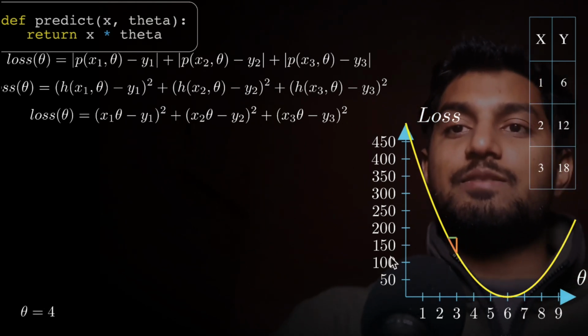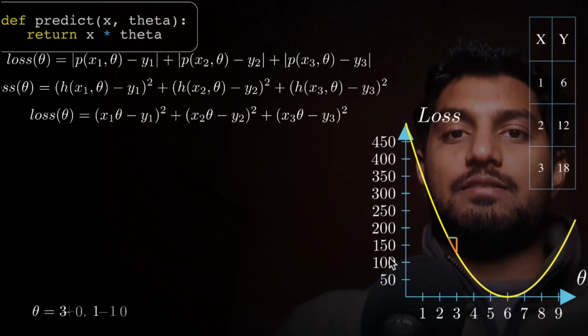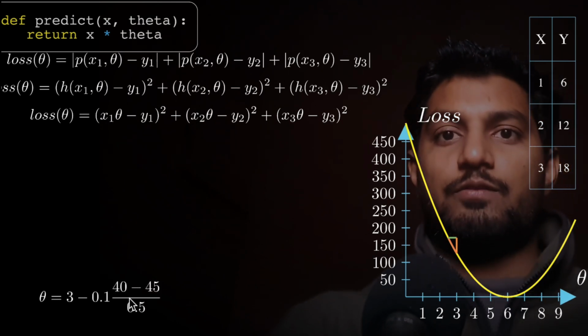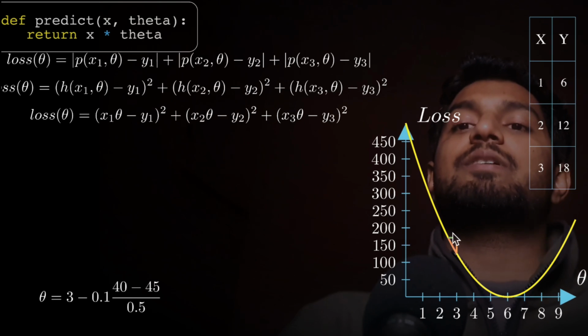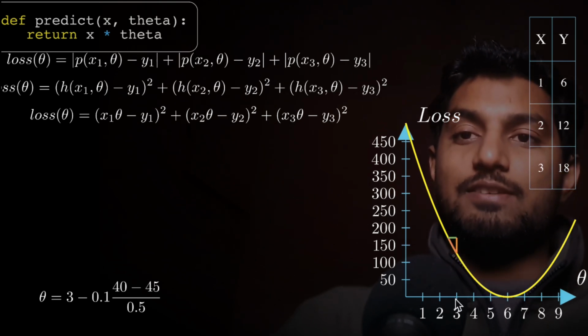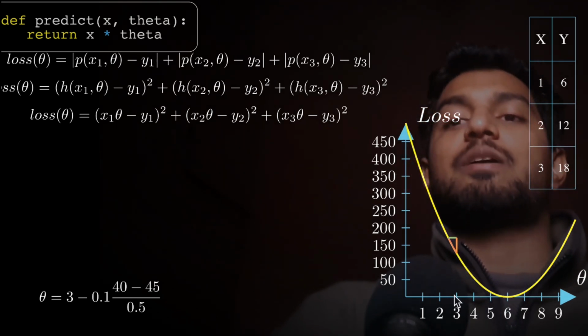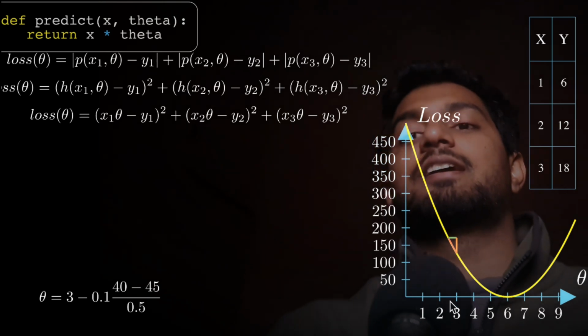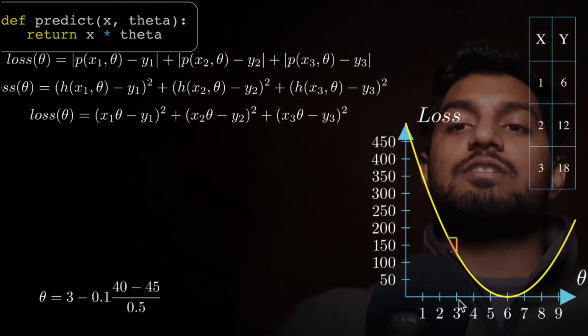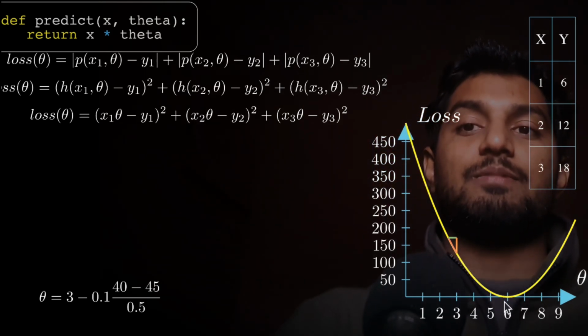As you can see, at this point, this steepness is in a negative direction, right? So theta is here. Here we don't want to subtract. If you subtract, we will go toward this side. So we want to add something to this theta value so that I go towards 6, which is my solution.